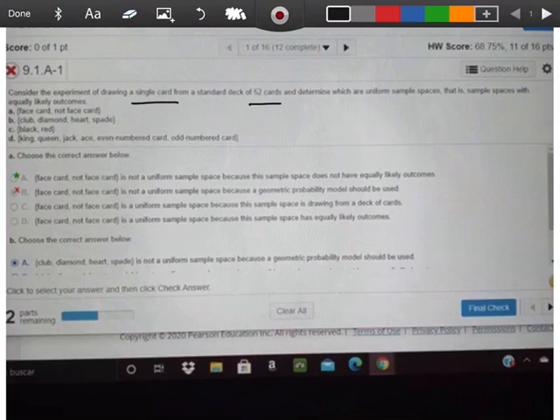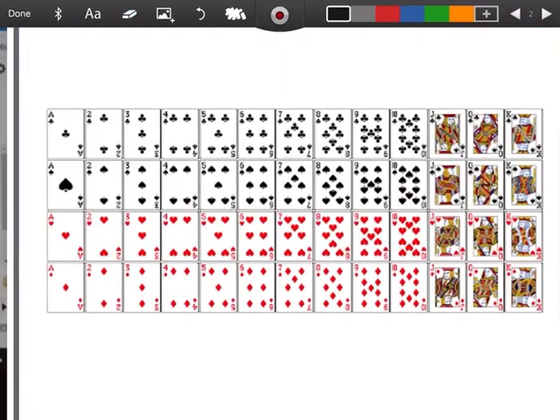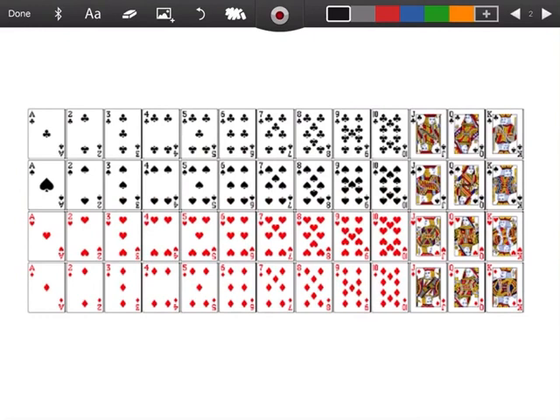Okay, so for the first part, part A says a face card or not a face card. So what they mean by equally likely outcomes is, would there be the same number of face cards versus non-face cards? So if I do this, remember these here are my face cards, right?